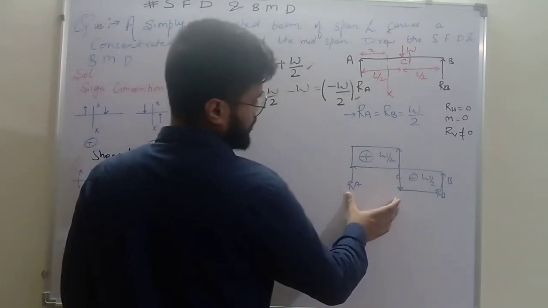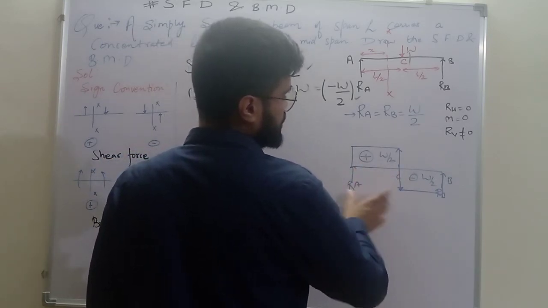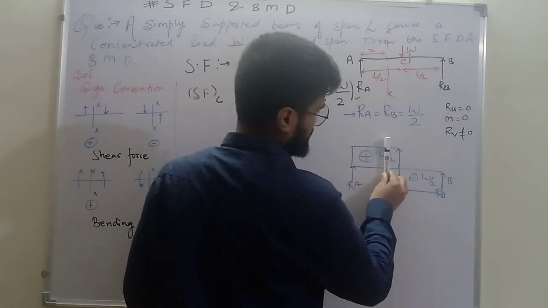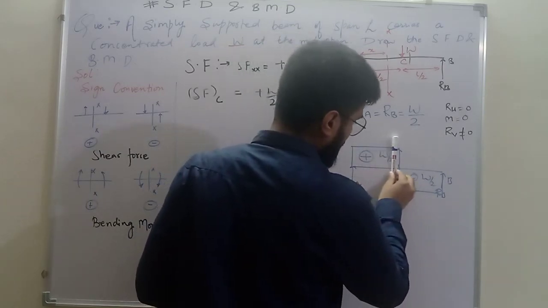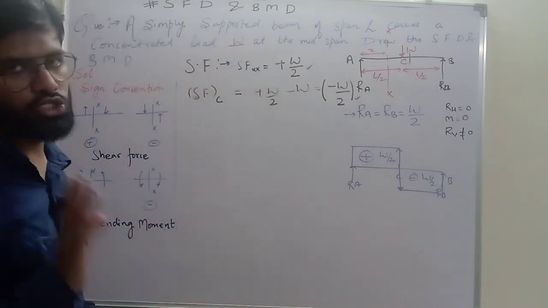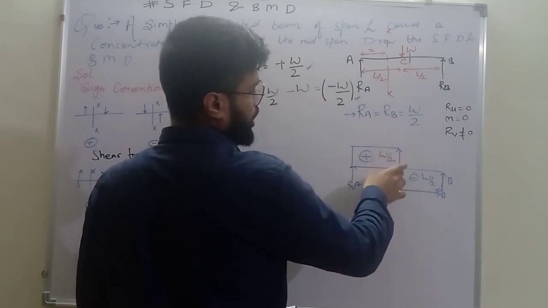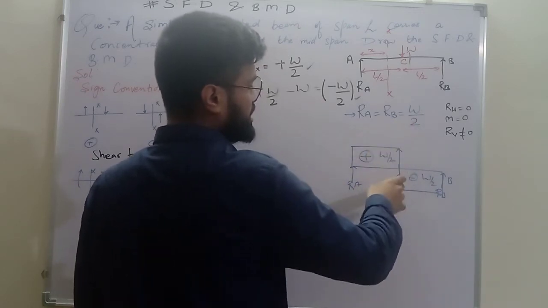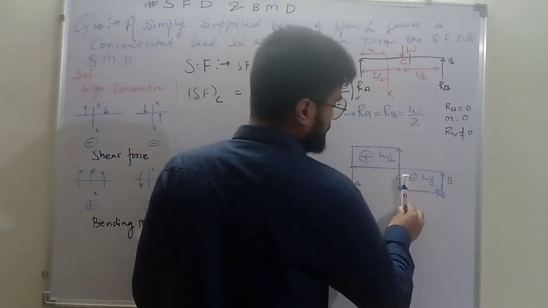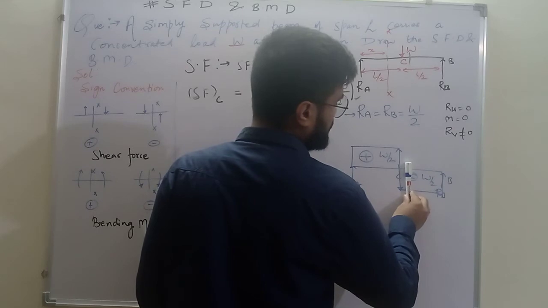For half of the beam, the shear force will be plus W by 2. If we take any section between A and C, there will be plus W by 2 shear force. As we reach point C, due to the point load, the shear force suddenly changes from plus W by 2 to minus W by 2. At any section between C and B, there will be a shear force of minus W by 2.